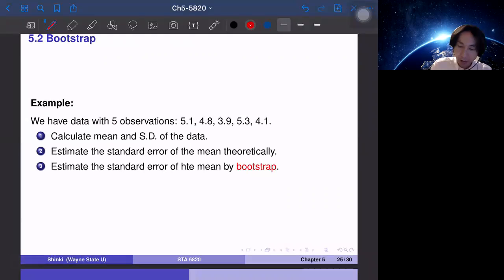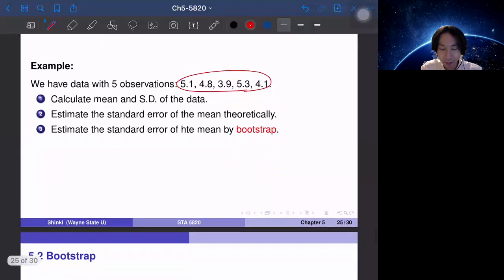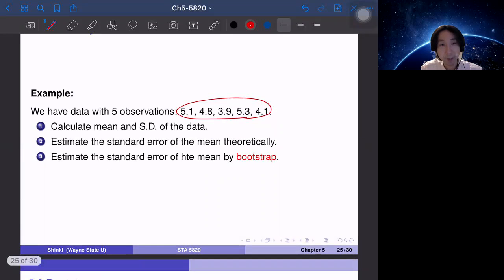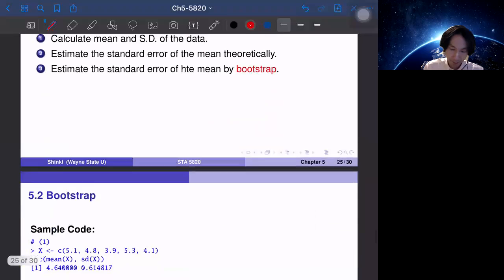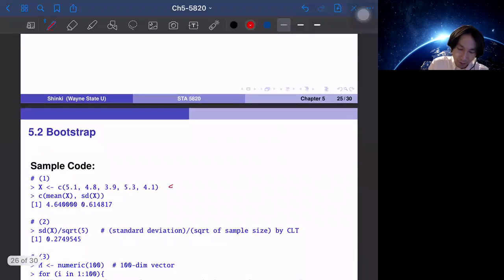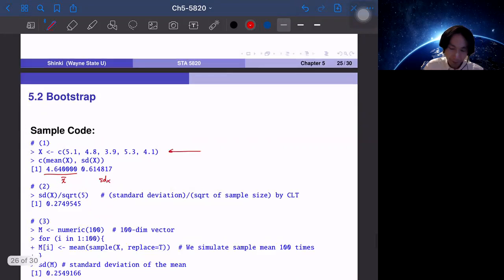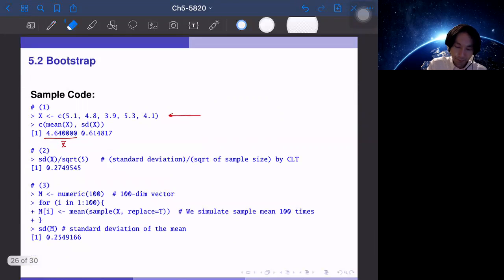Yeah, example. We have 5 observations, and we want to calculate the mean, and we want to know how reliable the sample mean is. So this is the vector x, then the sample mean x bar is here, and this is the standard deviation of x, s sub x.